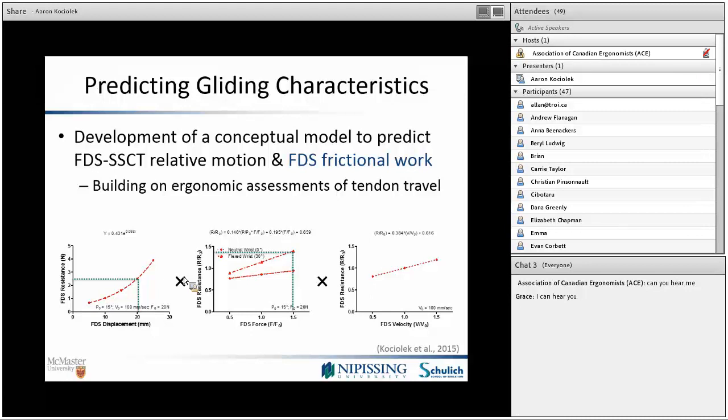And I could do the same thing for tendon velocity or highly repetitive movements. If you're working a highly repetitive job, this would also increase the risk factor above 1, so it would further increase the risk. So in this way, I've created a conceptual model that weights the risk factors based on the underlying mechanism of injury for carpal tunnel syndrome, which is related to tendon shear or tendon friction.